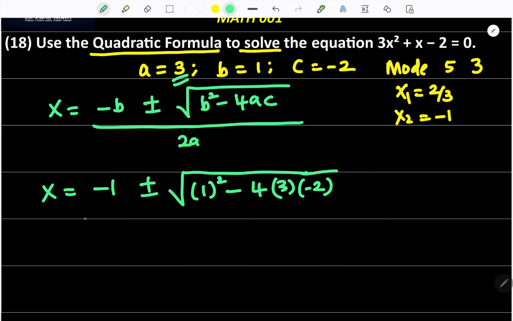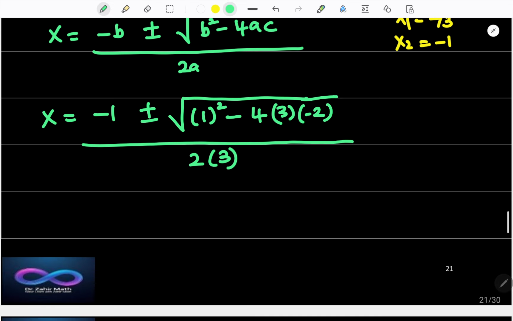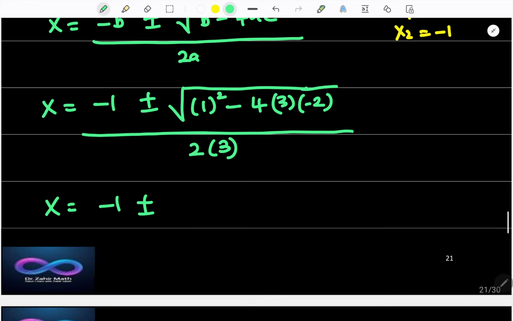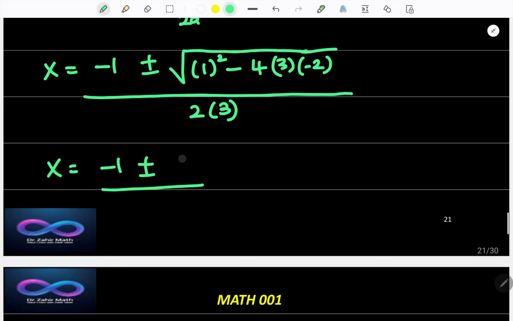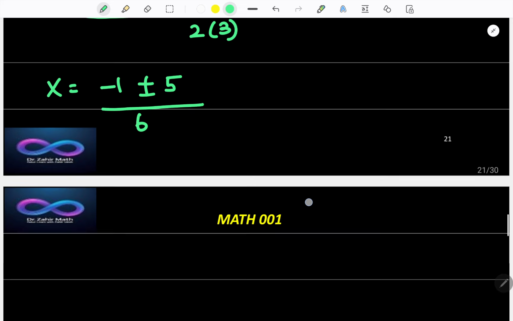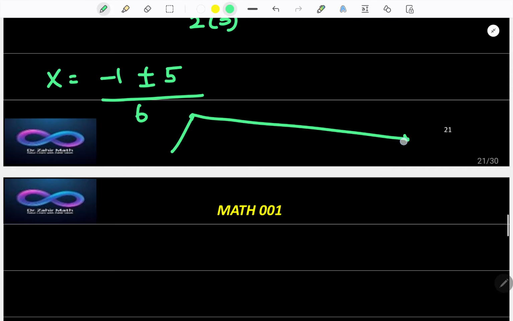Negative 2, divided by 2a, 2 times 3. So x equals minus 1. You can put everything in the calculator. I got the answer 5. So divided by 2 times 3, which is 6. Right. So you're going to get two answers, one this side and one this side. So let me write here.